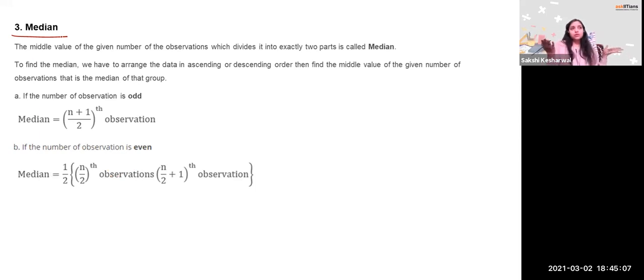What is the middlemost value? If you are in the middle, the numbers are on either side of you. Let's take an example. Your rank in the class is ninth.